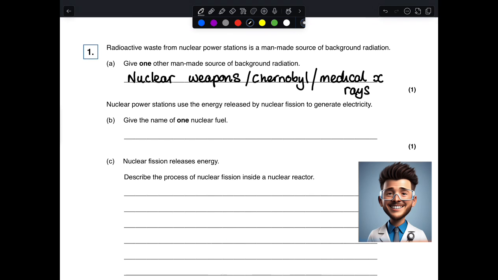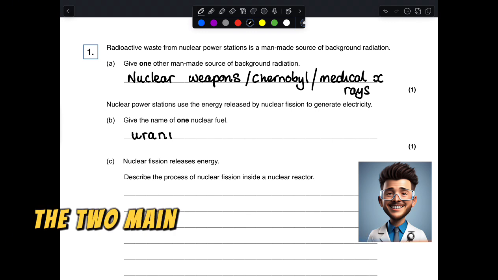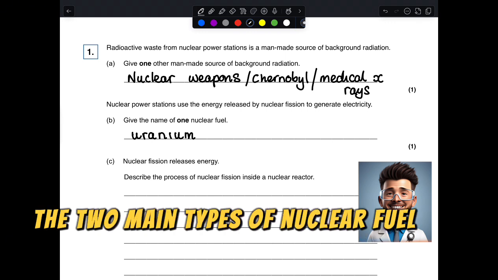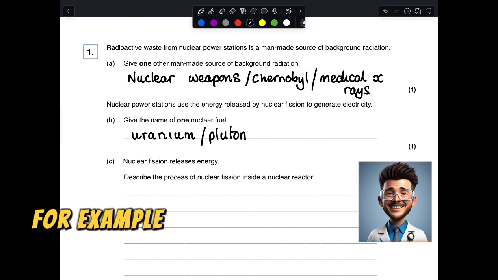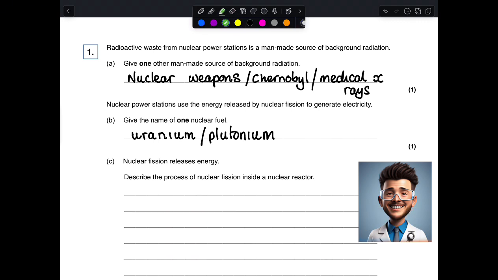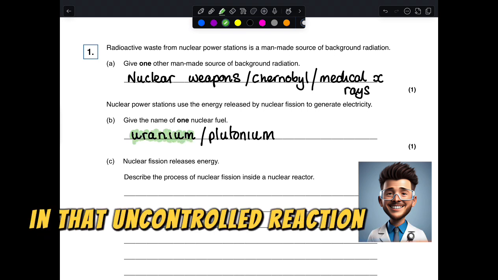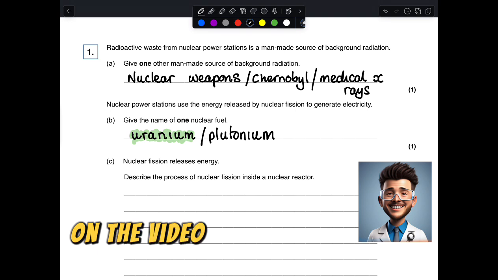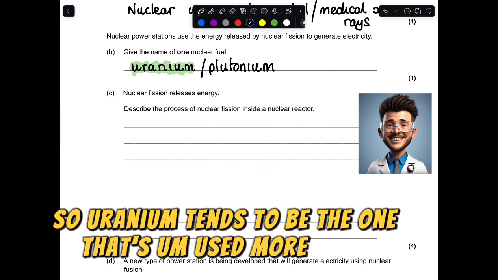And then for the second one, the 2 main types of nuclear fuel are uranium. That's generally used in power plants, for example, Chernobyl used uranium as its fuel. Plutonium is what they were using in that uncontrolled reaction that you just saw on the video clip we watched. So uranium tends to be the one that's used more often.